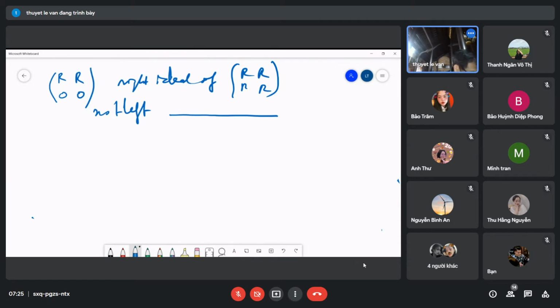Okay, I would like to say, here is an example of some special submodules.